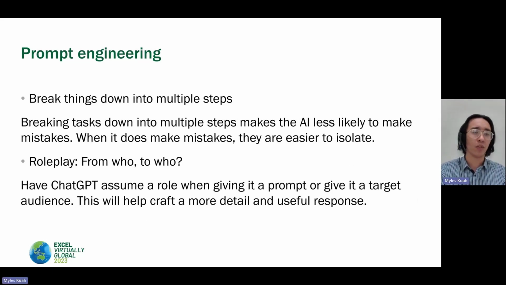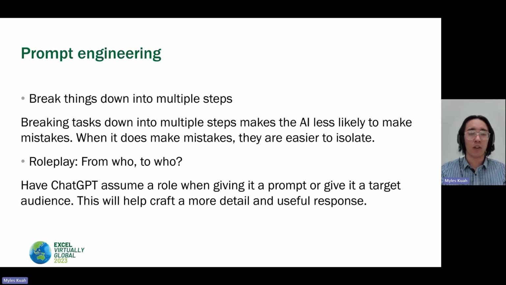Okay, the next important thing is breaking things down into multiple steps. This is called chain of thought processing, and this has been shown in studies to be the most effective form of querying for ChatGPT, and has been shown to be significantly more effective than just one-step processes. There's two reasons why chain of thought processing is so important.